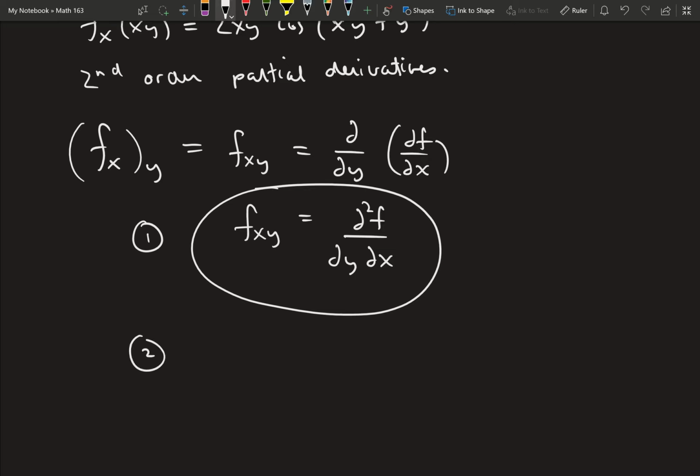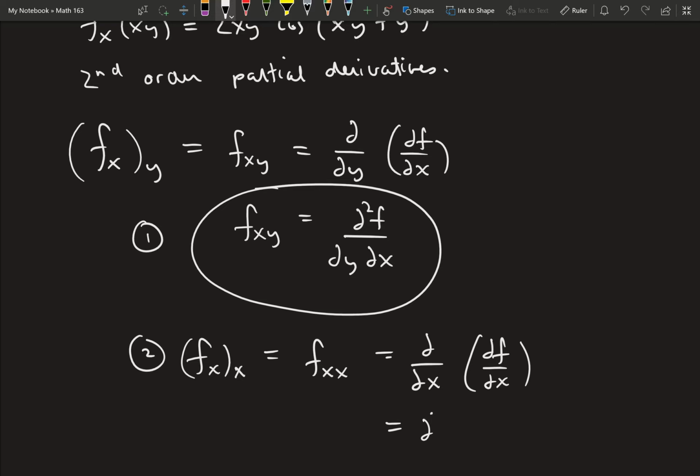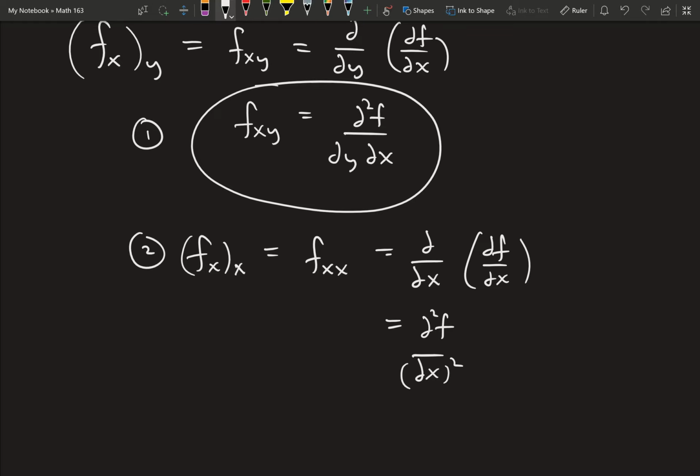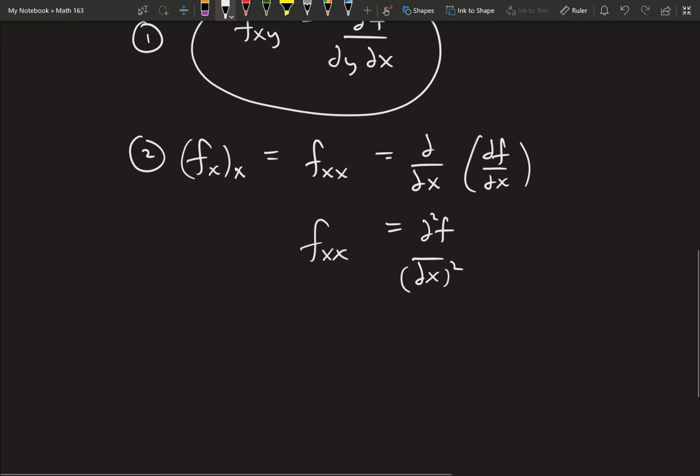Another is taking another derivative with respect to x itself. This is f sub xx, which is the partial with respect to x of ∂f/∂x, which is ∂²f/∂x². And there are 2 more, the same things when you start off with the partial with respect to y.